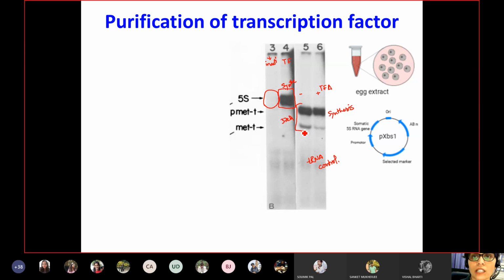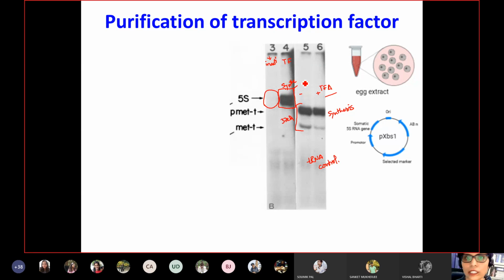It is synthesized in unfertilized egg also. And even if you add transcription factor A, that does not hamper in any way the synthesis of tRNA. That means the purified transcription factor A is only important for 5S gene transcription.